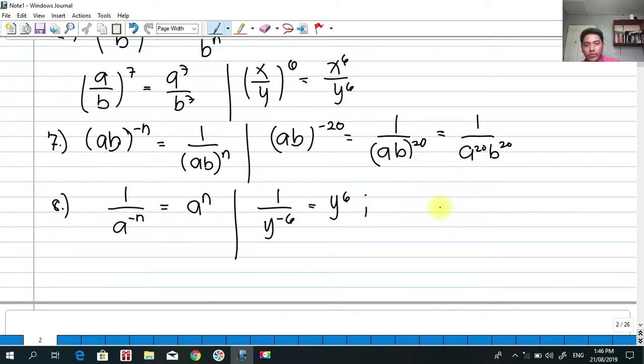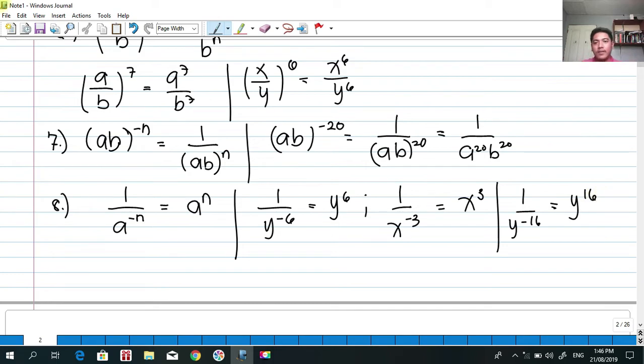Another example, 1 over x raised to negative 3 should be equal to simply x cubed. Another one, 1 over y raised to negative 16 should be equal to y raised to 16. You get the reciprocal, then the negative exponent will change into a positive exponent.